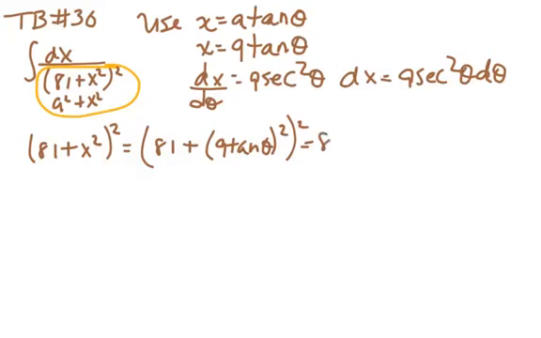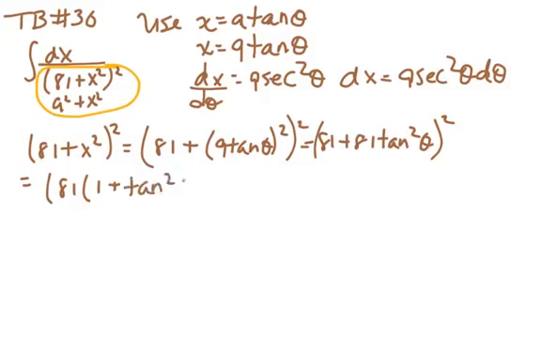So this is 81 plus 81 tangent squared theta, and again that quantity is squared, which is equal to, I'm going to factor out an 81, 1 plus tangent squared theta, and that quantity is squared.